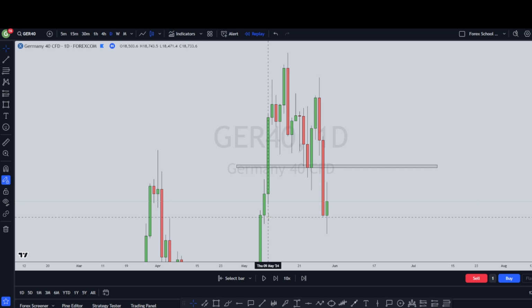So today we're doing a recap of the analysis that we had yesterday. I want to show you how exactly you could have taken these trades in the DAX 40 or the German 40, which is a German stock exchange index. Now, for you to be able to follow better, because I'm not going to do the analysis again, you could go to the DAX video that I did yesterday that was titled Scalping and Day Trading the DAX 40.